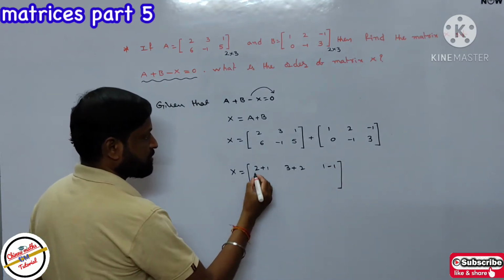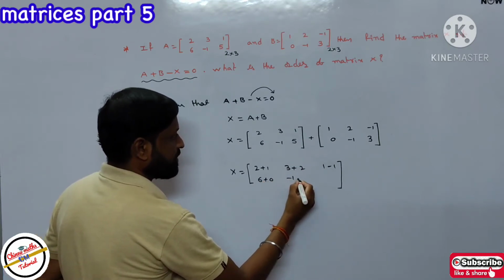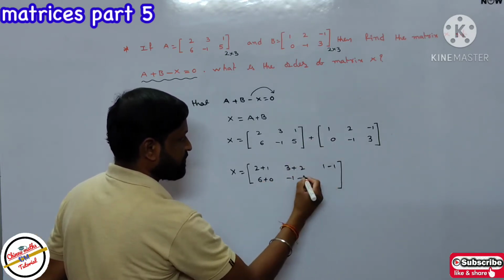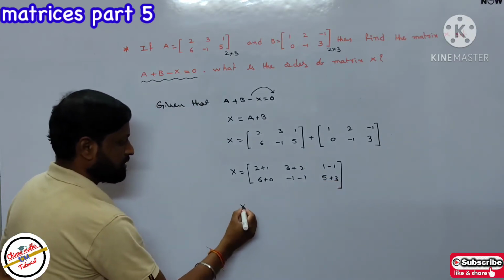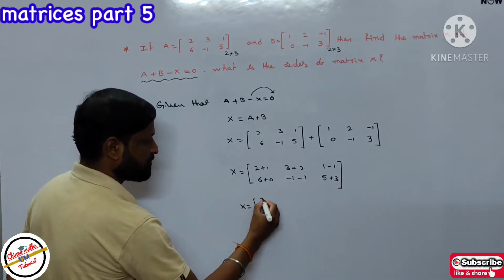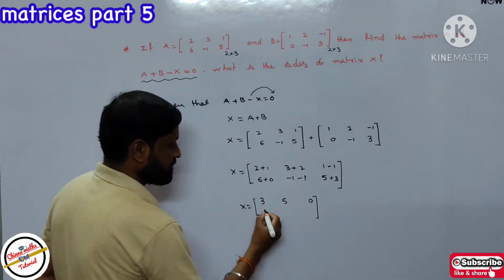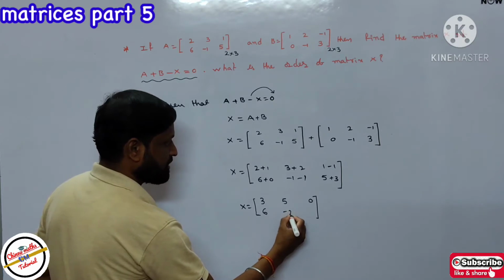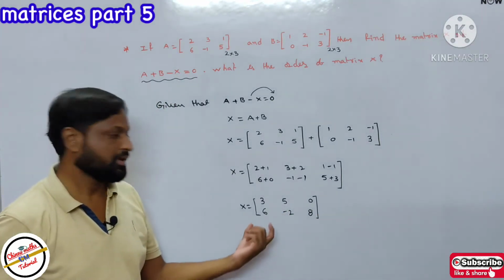Next, 6 plus 0, minus 1 plus minus 1, then 5 plus 3. So X equals [3 5 0; 6 minus 2 8]. It is the required matrix X.